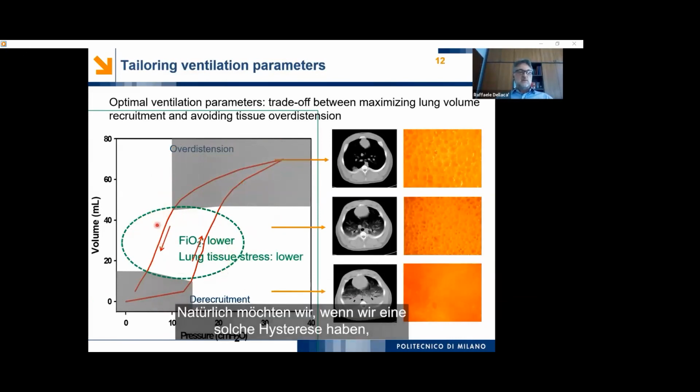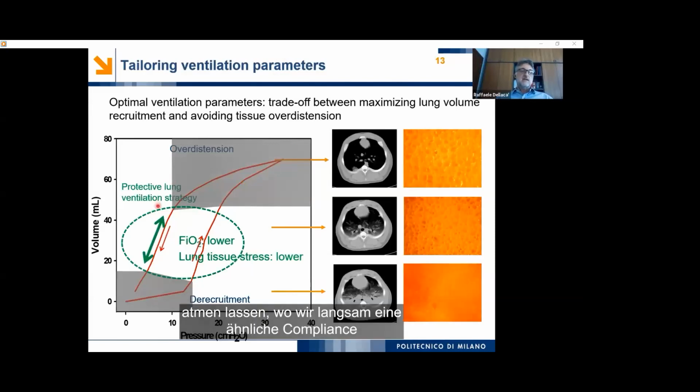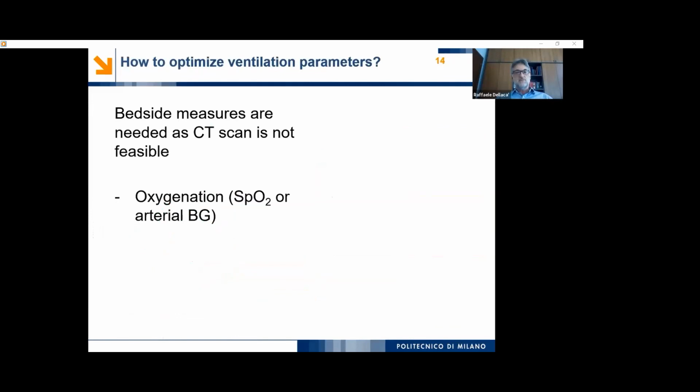Of course, as we have such a hysteresis, we would like to have the baby breathing on the deflation limb of the curve, where we can get similar slope, similar compliance, similar degrees of recruitment, but with much lower pressure and therefore stress applied to the tissue.